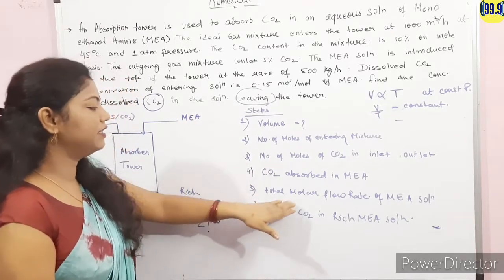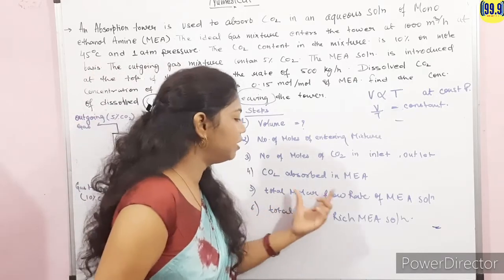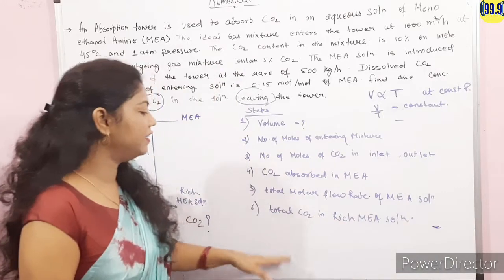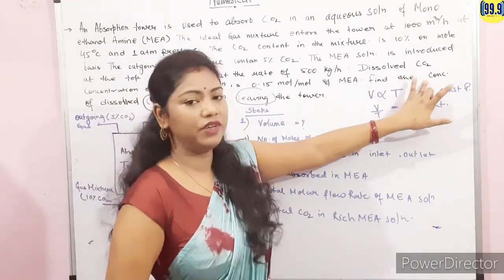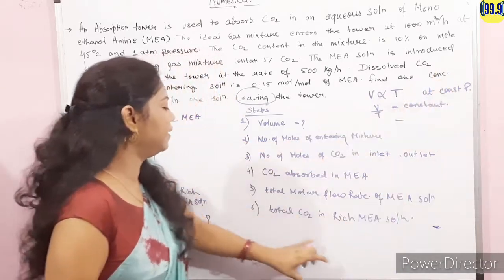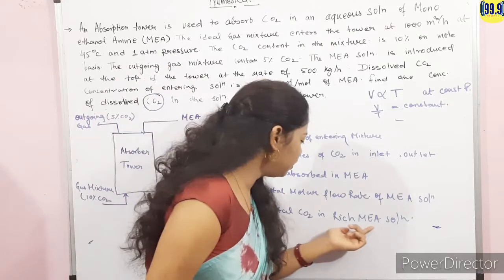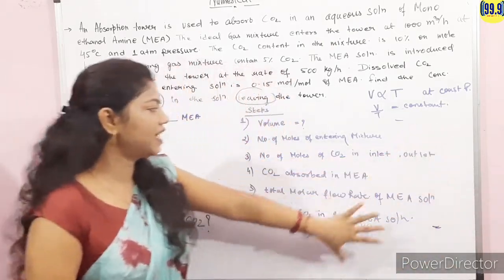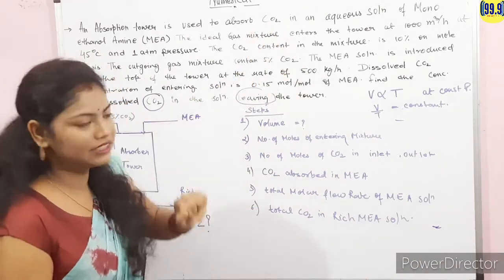The next step is to calculate the total mole flow rate of the MEA solution, and after that we calculate the concentration of the dissolved carbon dioxide in the solution, that is total carbon dioxide in the rich MEA solution. So these are the steps we are going to follow to solve this numerical.